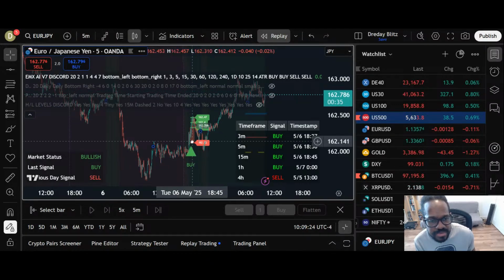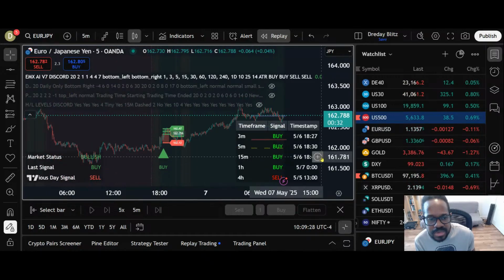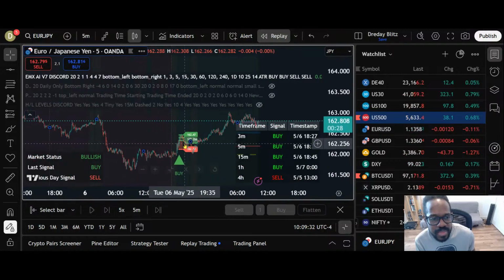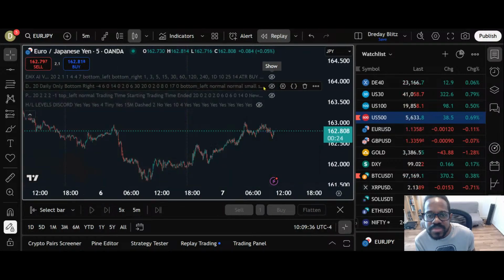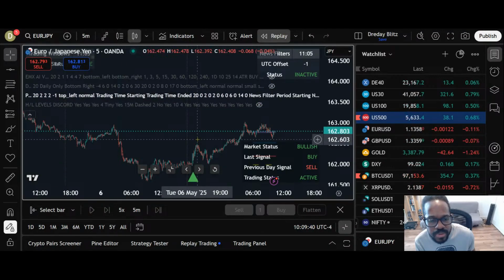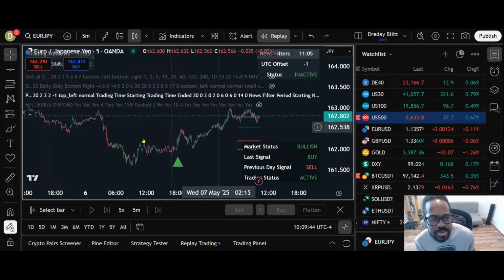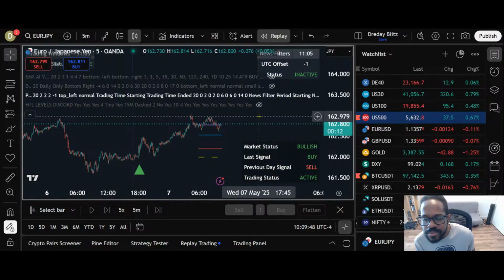So EMXAI giving you a buy here at Asian, and it continued going up. And POC did the same thing, at the same time. So yeah, that was a good buy setup.